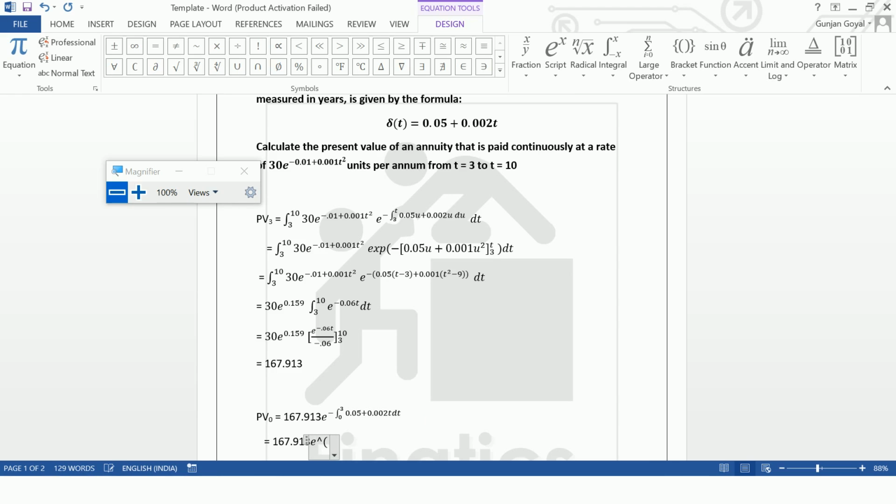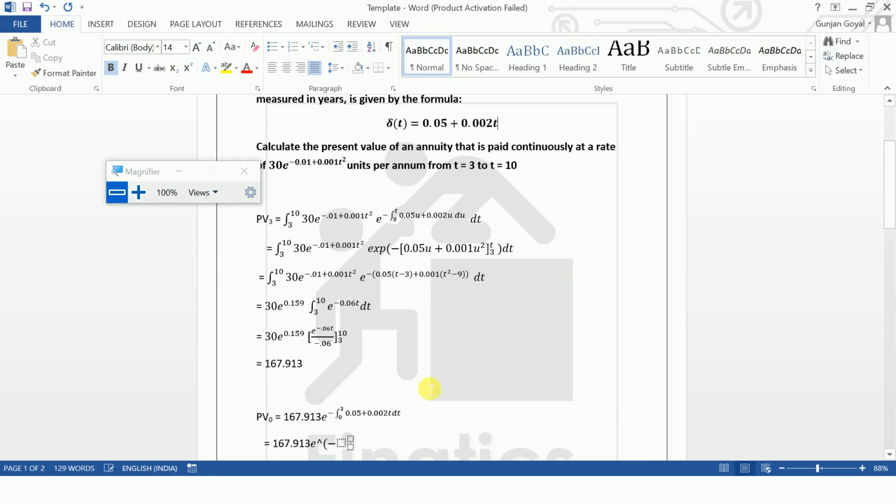Again those brackets I will need to put my limits, so I'll take those brackets, minus of, I'm putting an open and close bracket together, 0.05t plus 0.001t squared and 0 to 3. Okay, and then I close a bracket here.